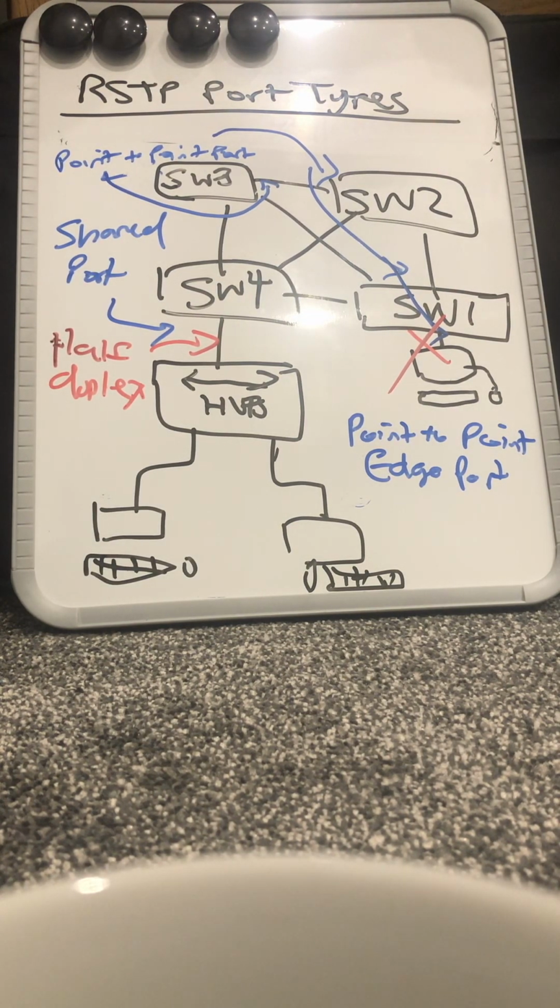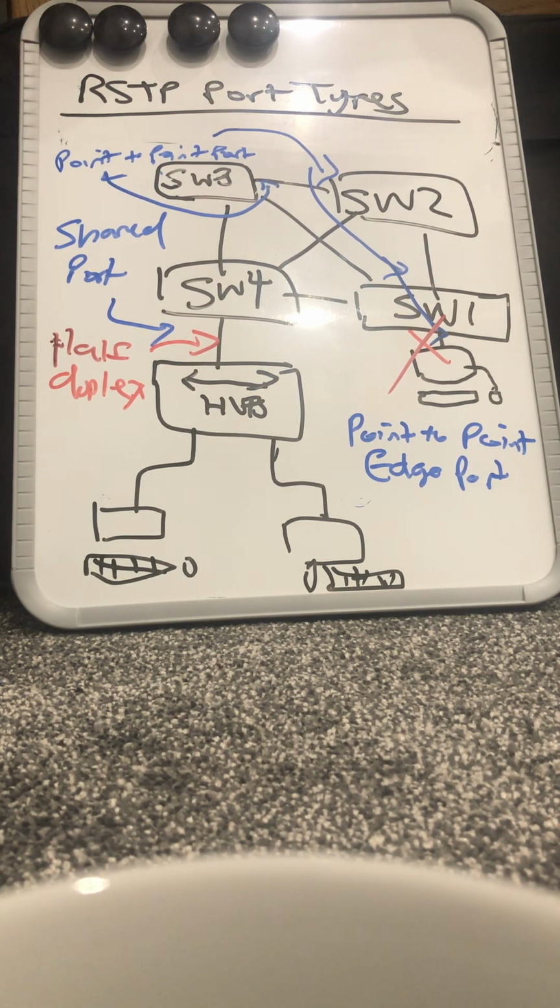It's not that complicated. A point-to-point port simply means two switches connected, a connection between two switches in the context of RSTP. But the ports that are connected to the clients, connected at the edge of the network, are point-to-point edge ports, or simply you can call it an edge port.